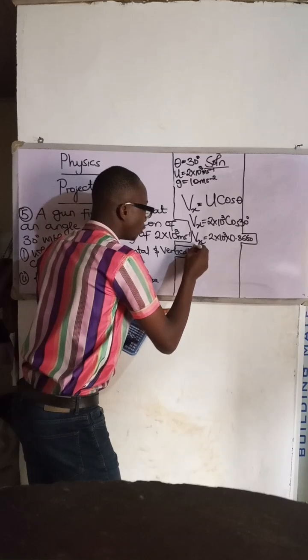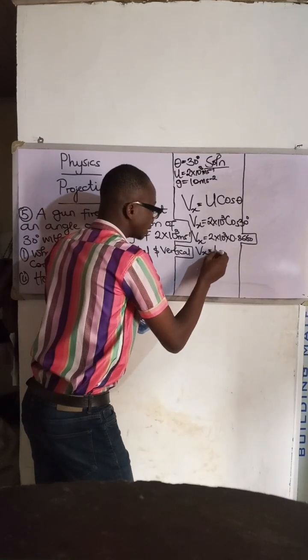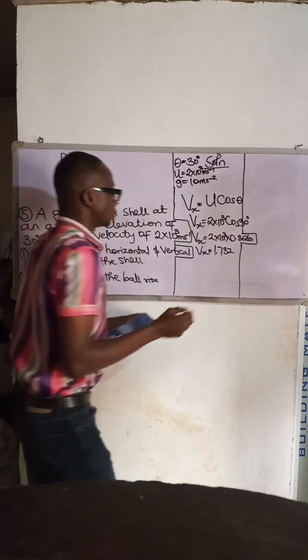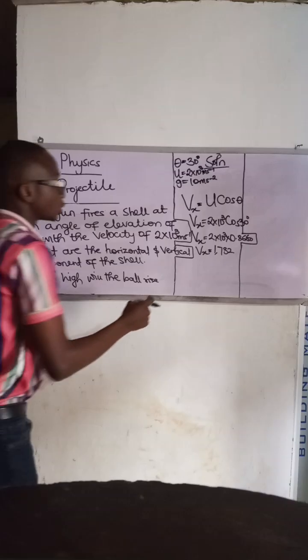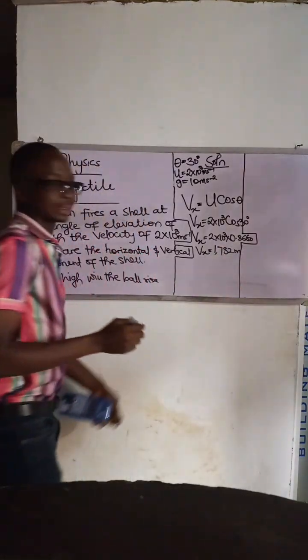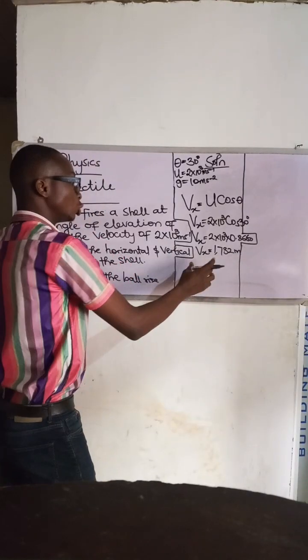We have V of x is equal to 1732. They say the horizontal component, 1732 what? It is meters. 1732 meters. This is the horizontal component.